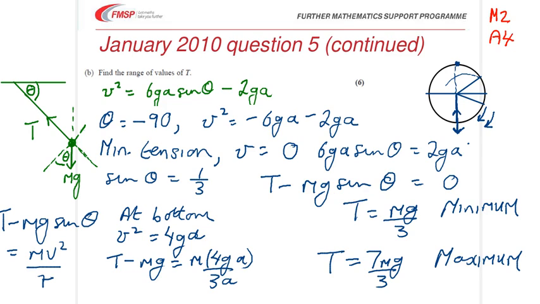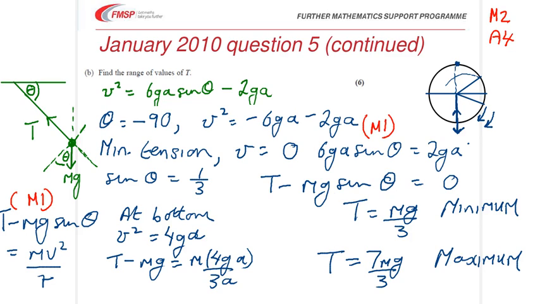And there was a method mark for this T minus mg sine theta here, resolving towards the center, and a method mark for figuring out that the minimum tension was where V equals 0, at the top of the arc there, so a method mark up here.